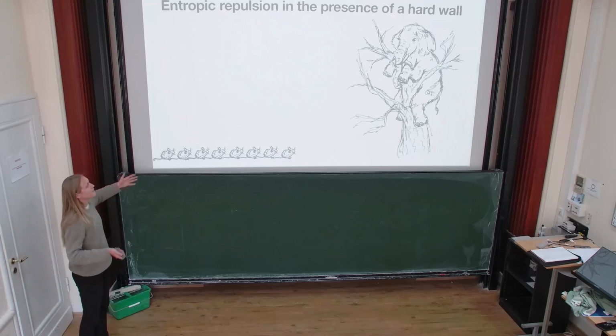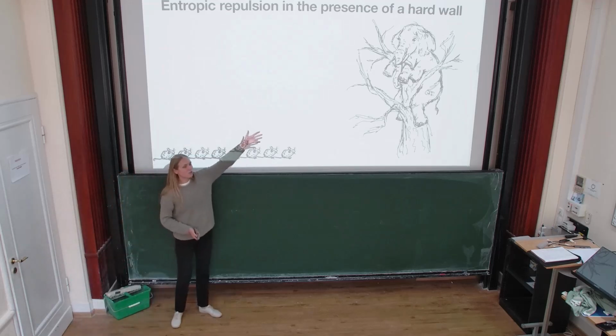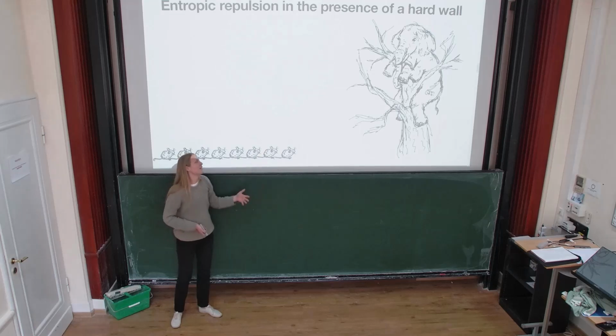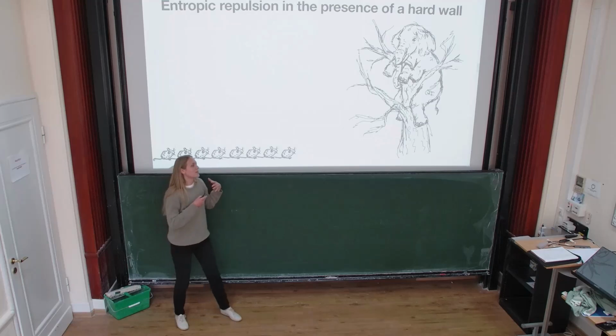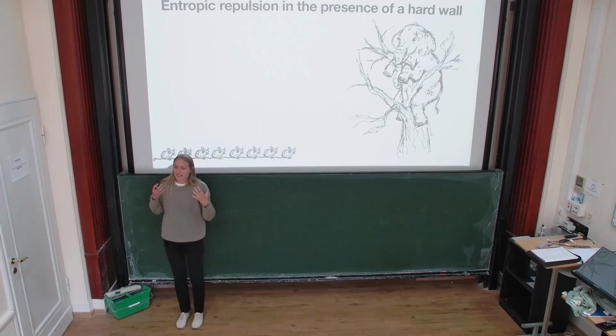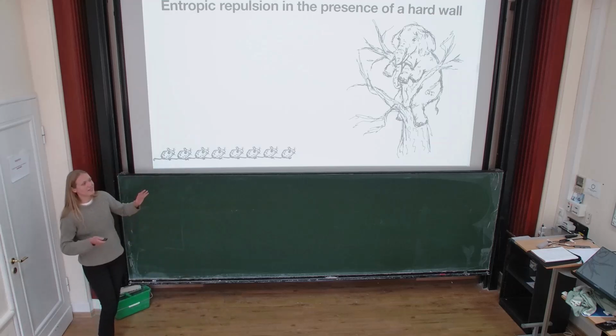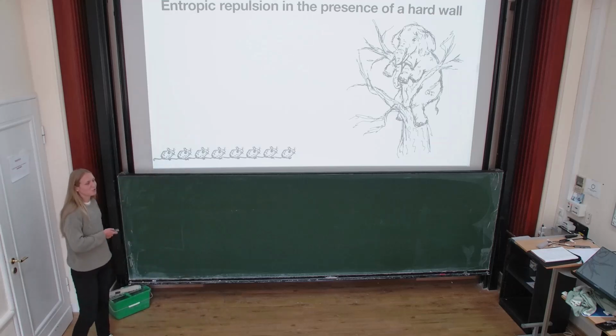Of course, once this elephant sees so many mice, he wants to run away. The question is, how far away? When he runs away and maybe climbs the tree, he loses energy, but then maybe he gets back his serenity. So the question is, what wins? Serenity in this case is more like entropy. That's why it's called entropic repulsion.